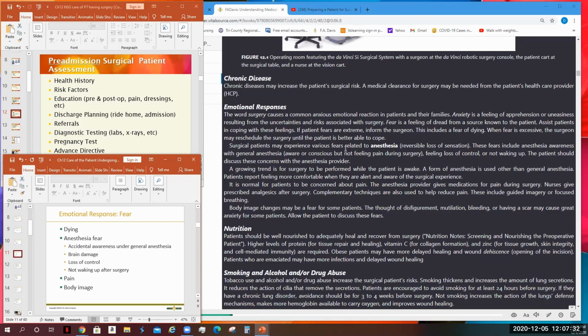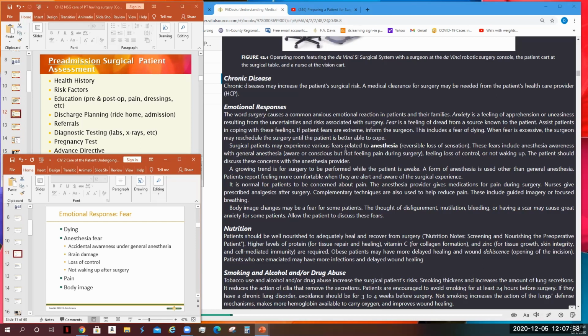The patient should discuss these concerns with the anesthesia provider. A growing trend is for surgery to be performed while the patient is awake. A form of anesthesia is used other than general anesthesia. Patients report feeling more comfortable when they are alert and aware of the surgical experience.